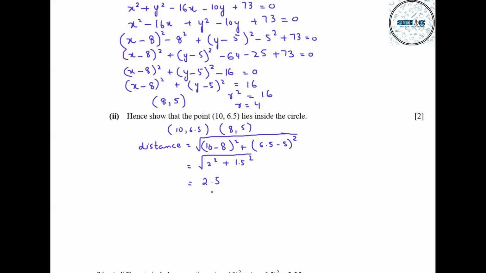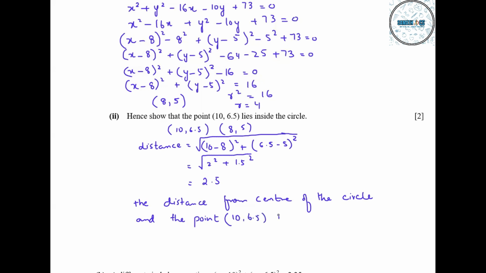Now the distance from center of the circle and the point 10, 6.5 is less than the radius, that is 4 units.